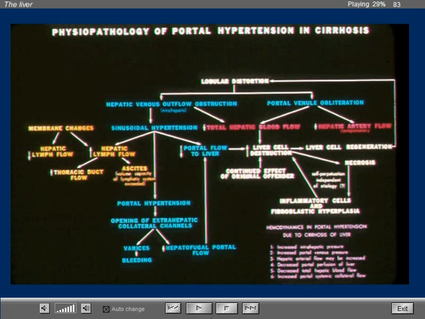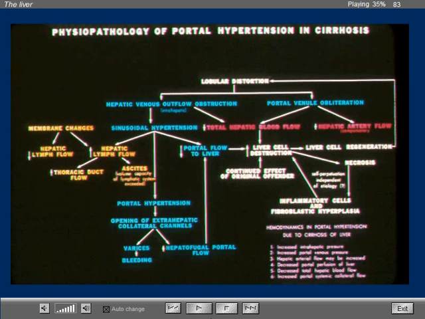Now, in liver cirrhosis, liver lobular distortion is part of the cirrhotic process. In other words, there is a triad of liver cell destruction, regeneration of the liver cells, fibrosis, and distortion of the lobular architecture. This occurs in any type of cirrhosis of the liver.